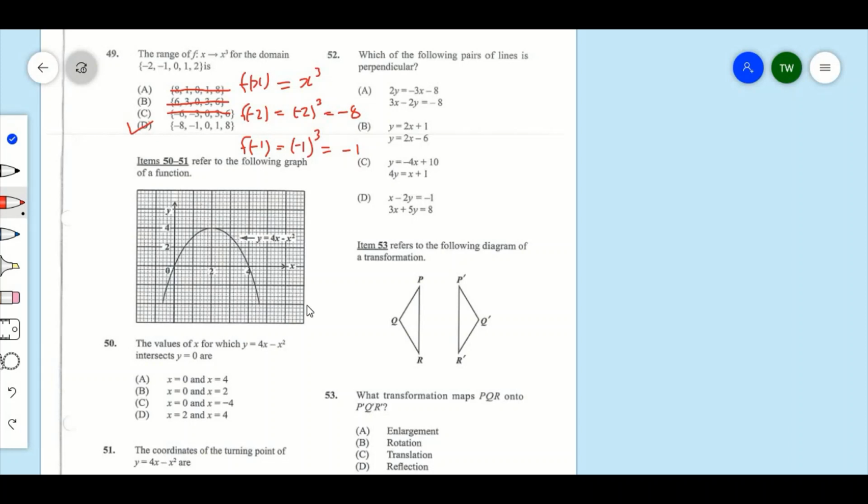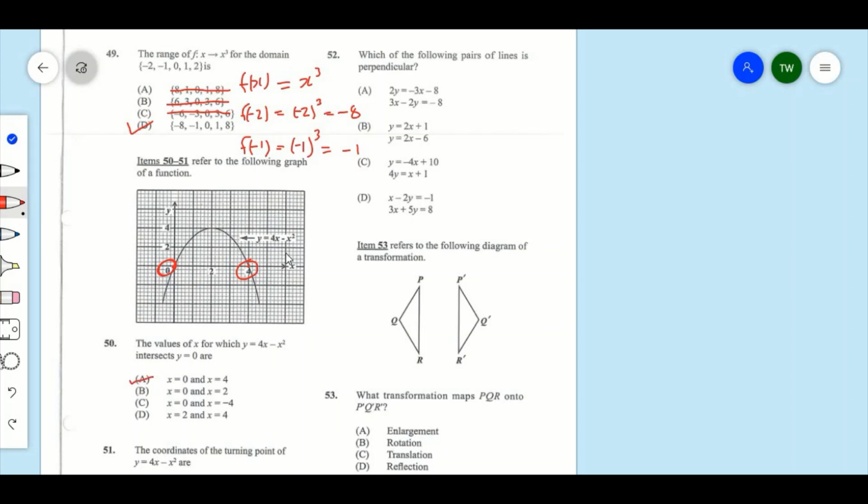So another name for the x-axis is y equals 0, because for any x value that you pick on the x-axis, the corresponding y coordinate is going to be 0. x equals 0 and x equals 4. So the answer for 50 is going to be A.